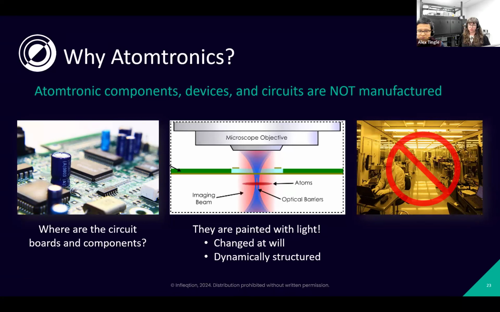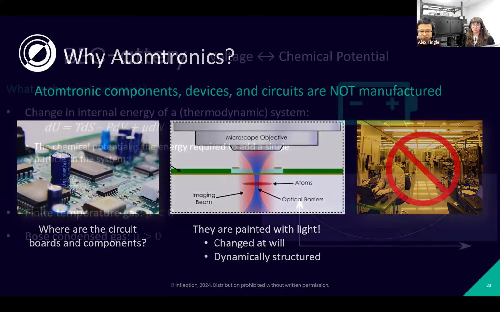I just want to make it really clear that atomtronics has the potential to complement or enhance classical electronics in certain areas, but so far it is still in the development phase. Therefore, it is unlikely to completely replace classical electronics.